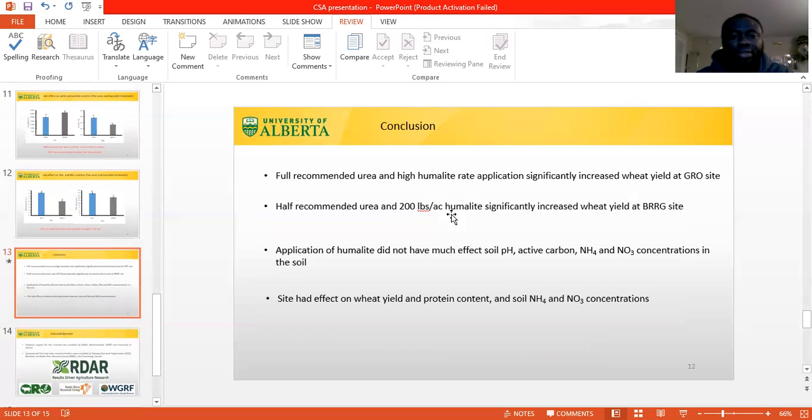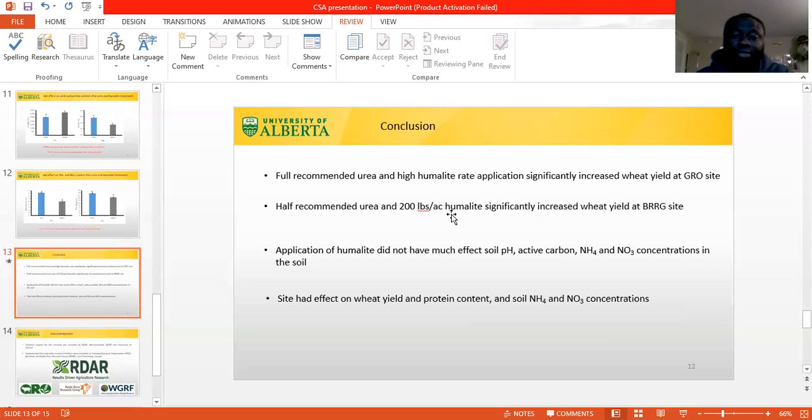These are my conclusions. Full recommended urea and high humalite rate application significantly increased wheat yield at GRO site as we saw it, and also half recommended urea and 200 pounds per hectare humalite significantly increased wheat yield at BRG site as we saw it.